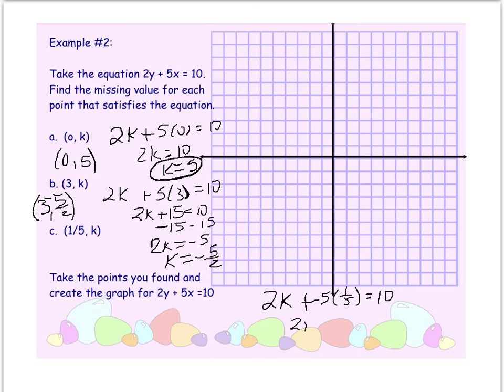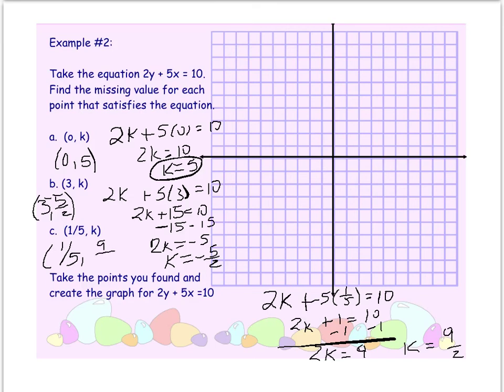Well, that means 2k plus 1 should equal 9. Sorry, should equal 10. I'm getting ahead of myself. Subtracting 1 from both of these, I get 2k equals 9. So k equals 9 halves, which is just 4 1/2. So we have 1/5, comma, 9 halves.